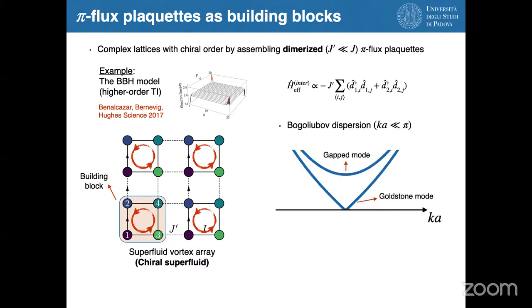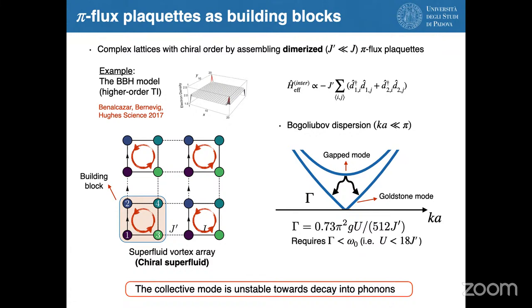One first difference compared to the single plaquette is that the gap mode we saw before, the first excitation, can now decay by emitting phonons. This decay rate can be controlled by interactions, and that allows us to see the existence of this gap mode, because the gap is finite, and the decay can be compensated by making J prime small.